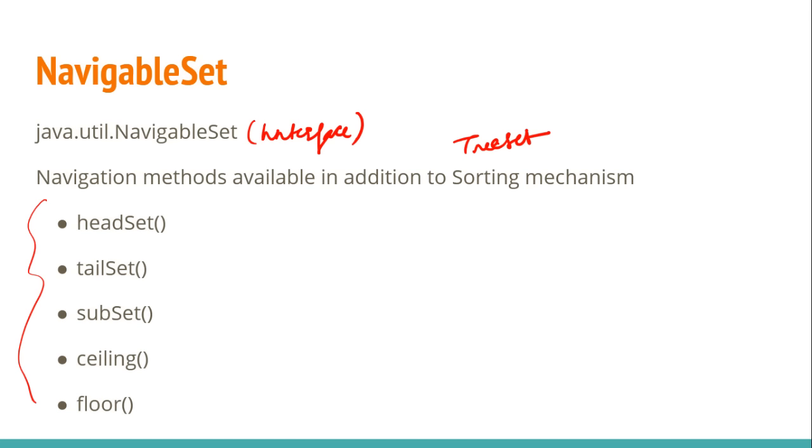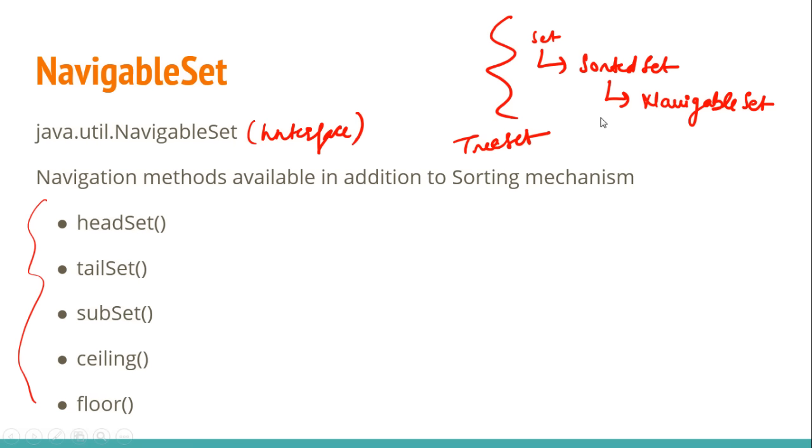Now, navigable set and sorted set are both subtypes of set. The sorted set is a subtype of the set interface, and navigable set is a subtype of sorted set. This is the hierarchical order of set, sorted set and navigable set interface.